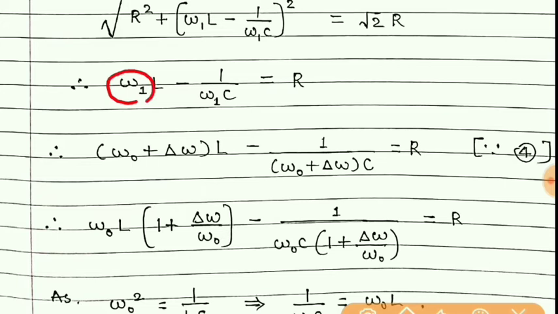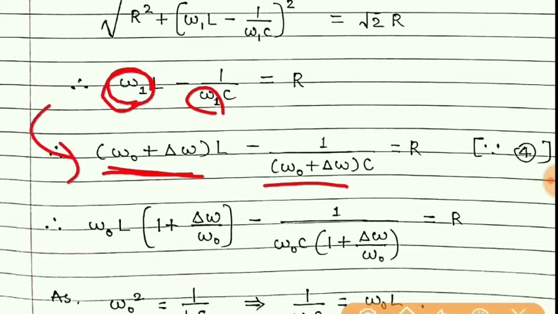Then, what is omega 1? It is omega naught plus delta omega. So putting this value of omega 1 here as well as here, we get this step. Value of omega 1 is there in equation number 4.